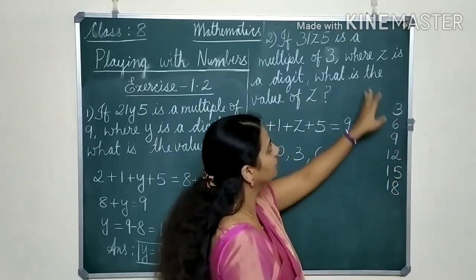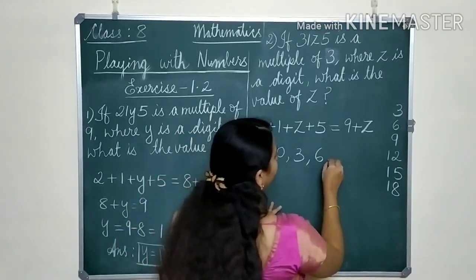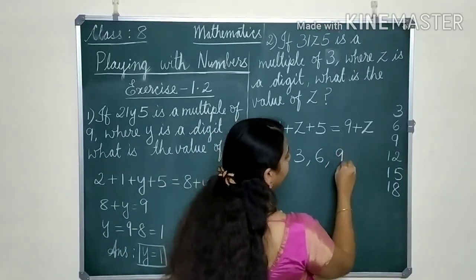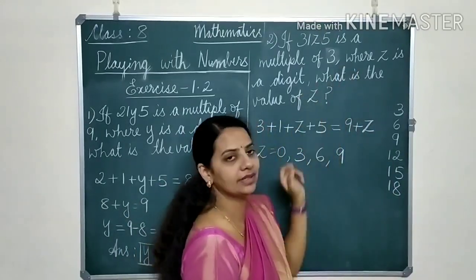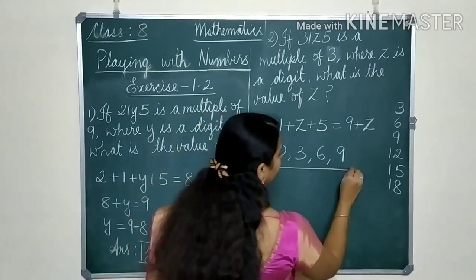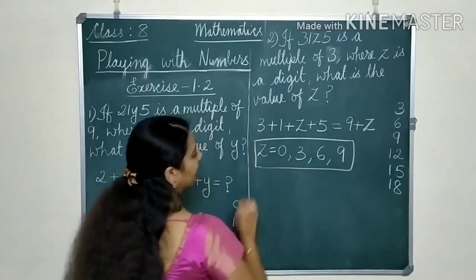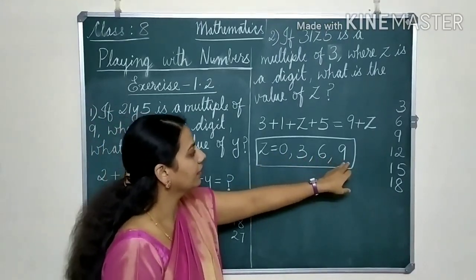So 15 is also a multiple of 3. Now if z takes the value of 9, 9 plus 9, 18. 18 is also a multiple of 3. So these are the answers. z can take the value of 0 or 3 or 6 or 9.